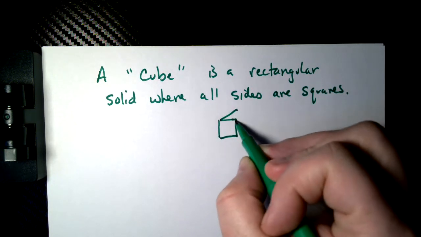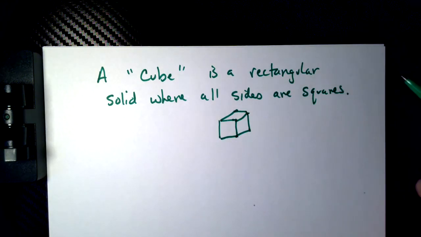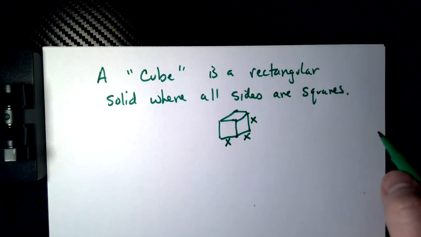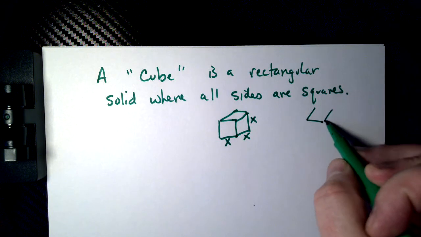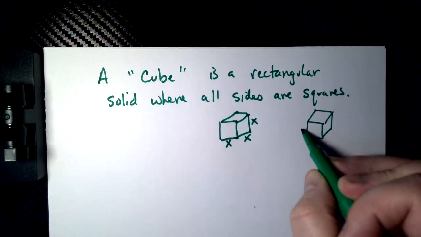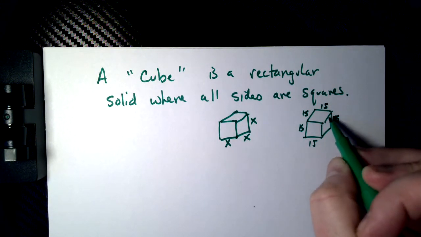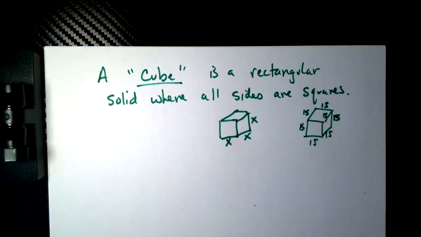If they ask for a cube, then all the sides are the same. They'll only give you one dimension because the length, the width, and the height are all the same. So they might just say the edge is 15. Well, what that's telling you is that everything is 15, right? Every edge you can see on there is 15 because it's a cube and not just a normal rectangular solid.